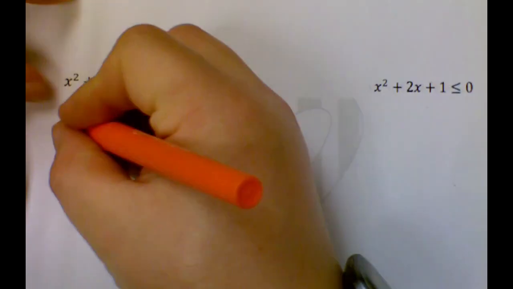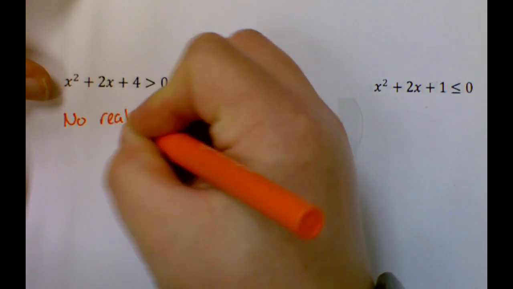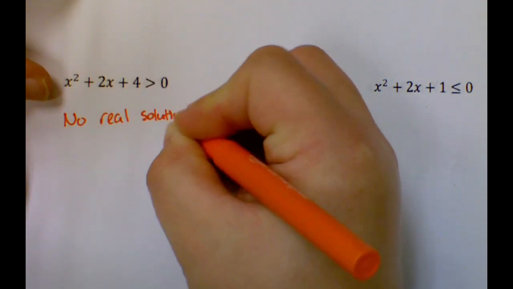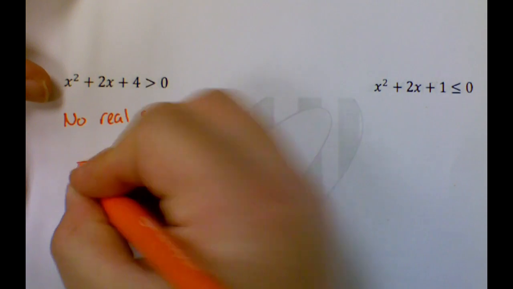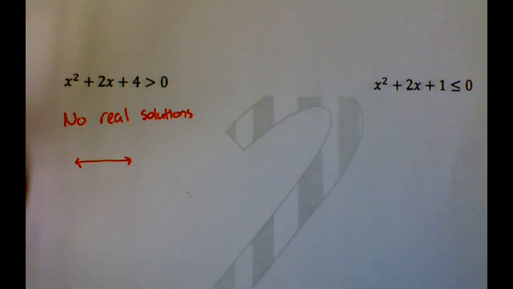All right, next problem. This one's already set equal to 0, but you'll notice it's not factorable. If I tried to use quadratic formula, I'd get no real solutions. Which means on this number line that I draw, I can use any number. I like 0.